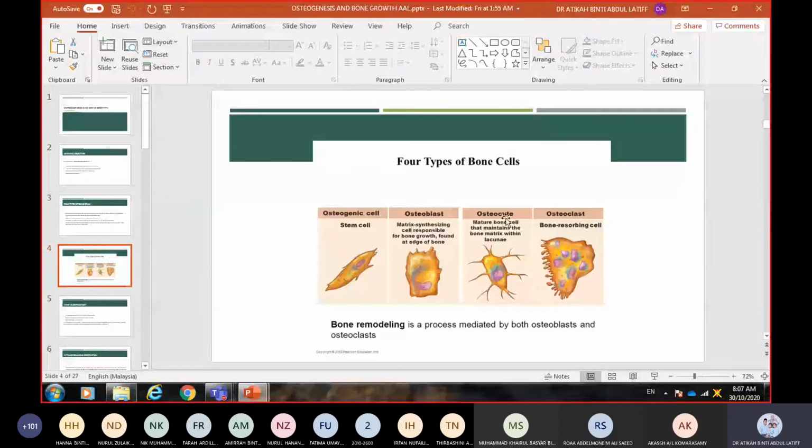Okay, so these are the 4 types of bone cells. You have your precursor cells or osteogenic cells, which then differentiate into osteoblasts. Osteoblasts, when they mature, they become osteocytes. Osteoclast is a different cell altogether because they come from monocytes.